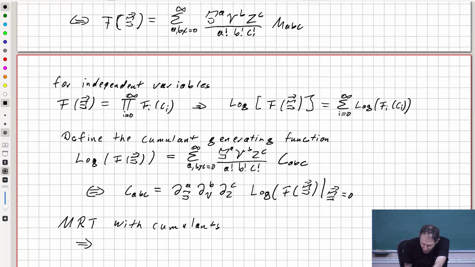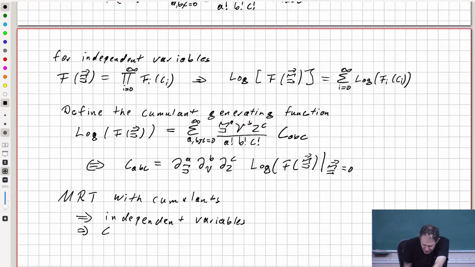So what we hope to achieve by this is that we have independent variables, and we also assume that we have Galilean invariance, in as much as the discretization allows us to have Galilean invariance.